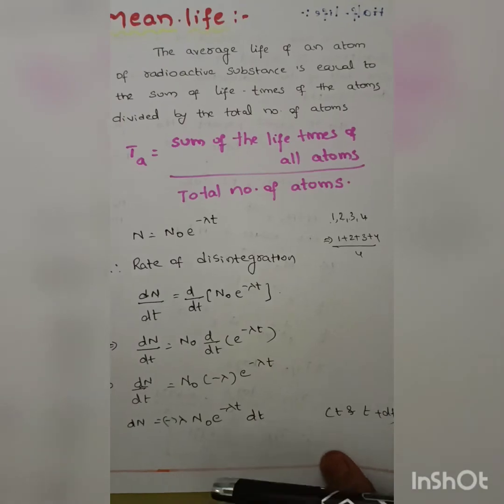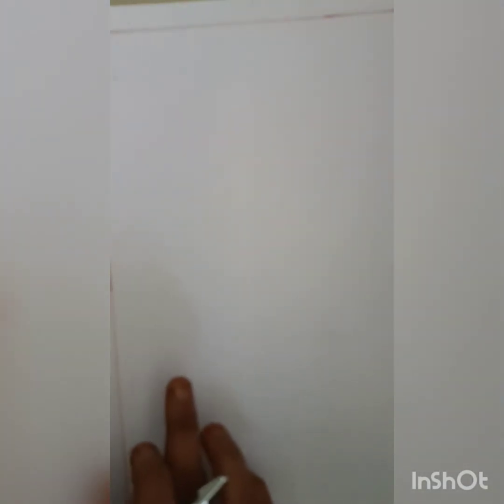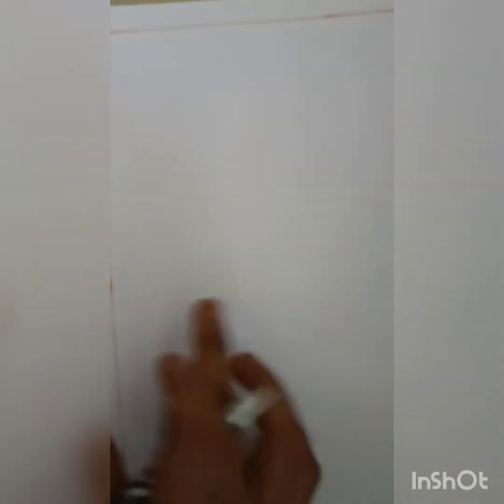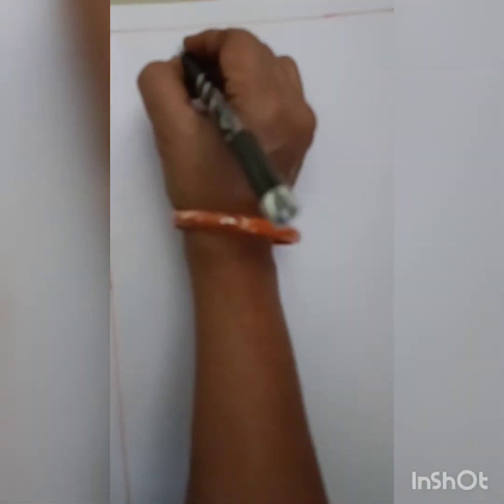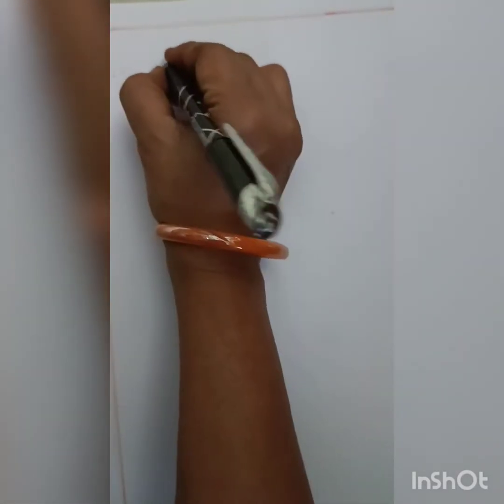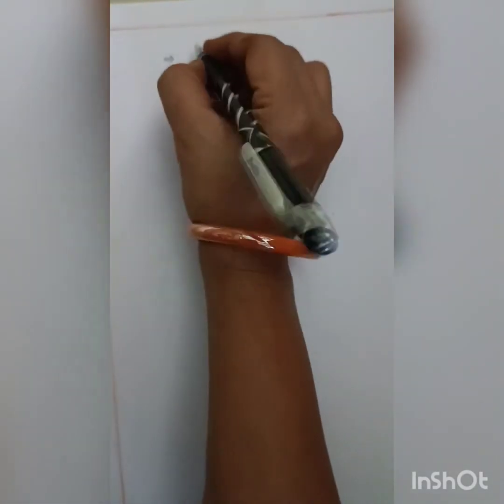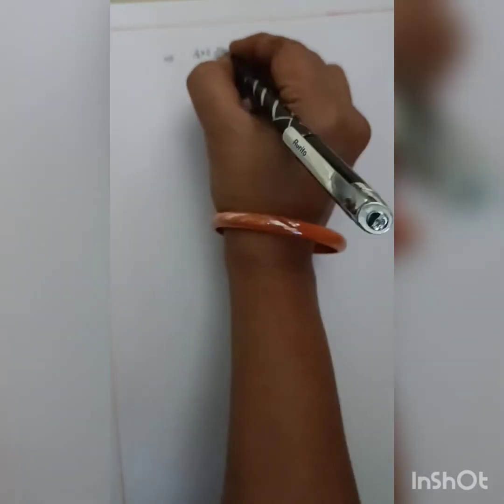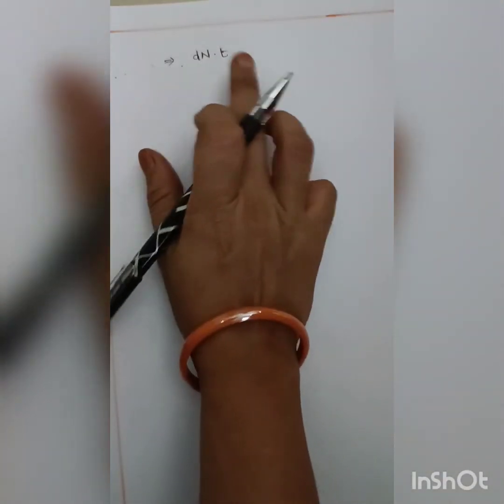If each atom out of these dN atoms, which disintegrated in time dt, had a lifetime of t seconds, then the sum of lifetimes of dN atoms is given by dN into t. The sum of lifetimes of a number of atoms is lifetime into number of atoms, that is what we are doing here, dN into t.